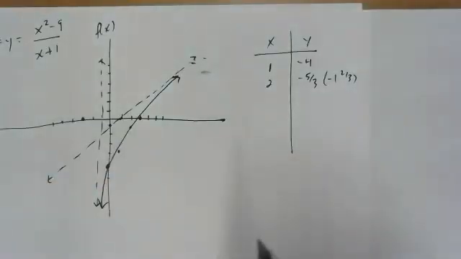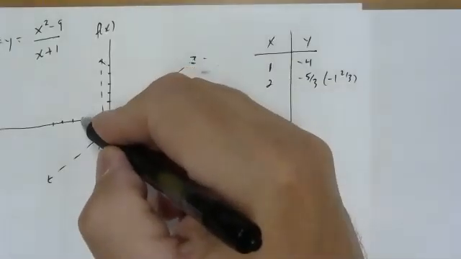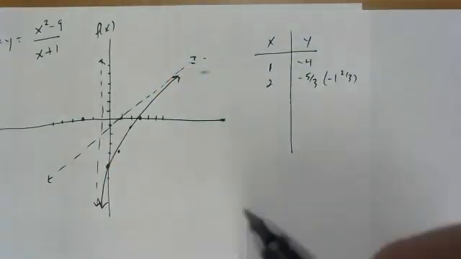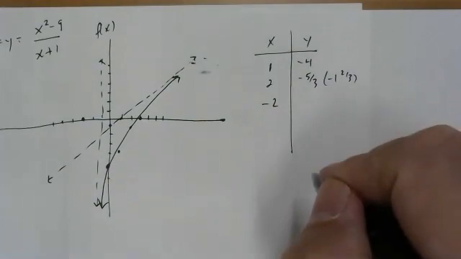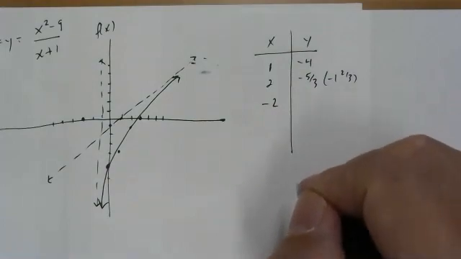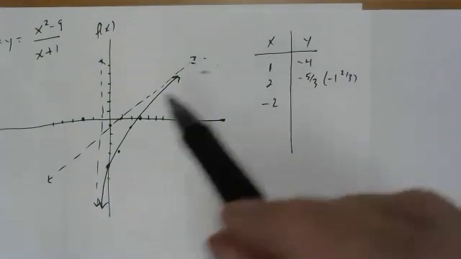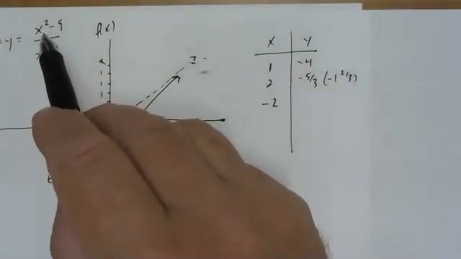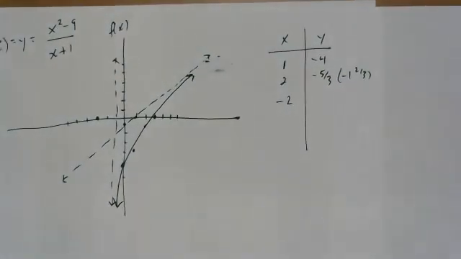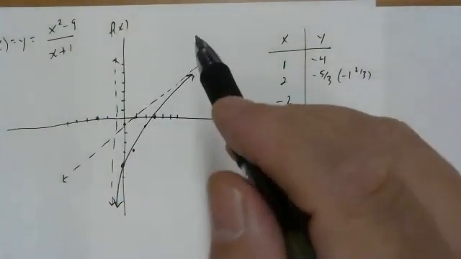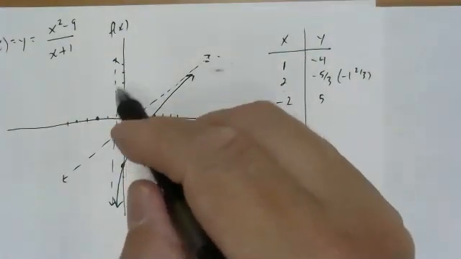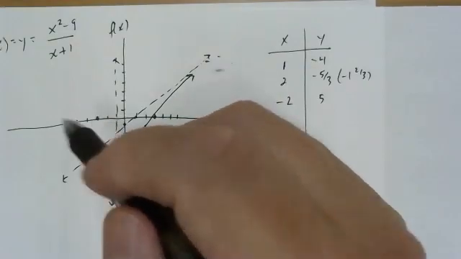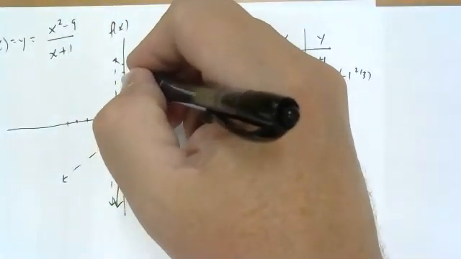Now let's see what happens over here. Well, I've got one point here. Let's see what happens when x is -2. When x is -2, you put a -2 in here and you get 4 minus 9, which is -5 over -1, so it should be 5.